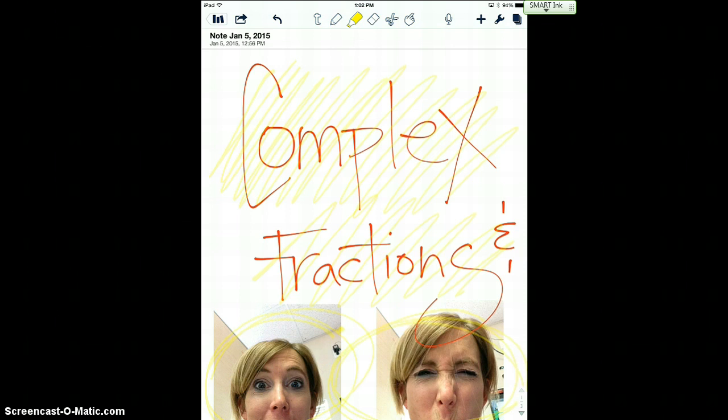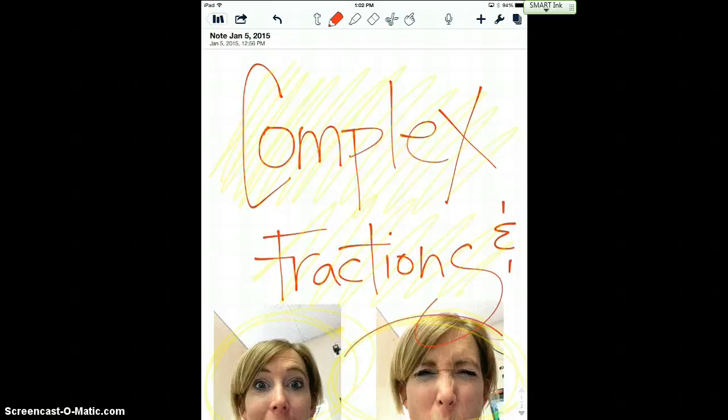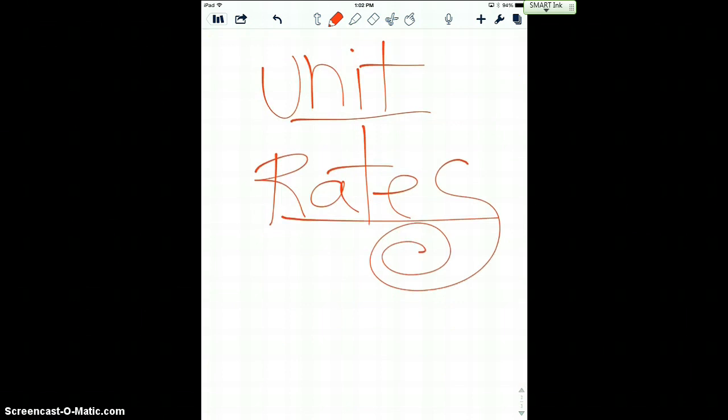But beautiful. So write this out in your notebook, complex fractions, with the date, in your table of contents, and unit rates. So we're going to link those two things together. All right, here we go.